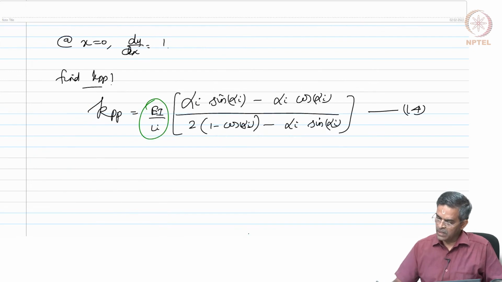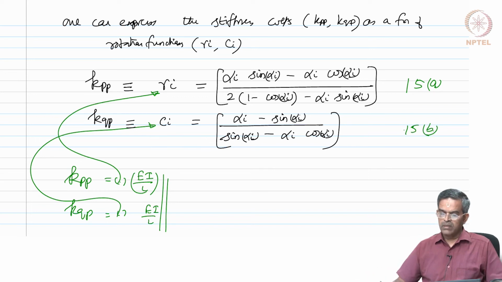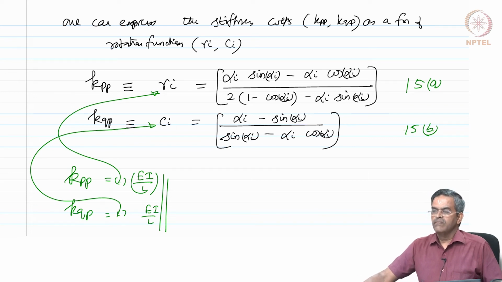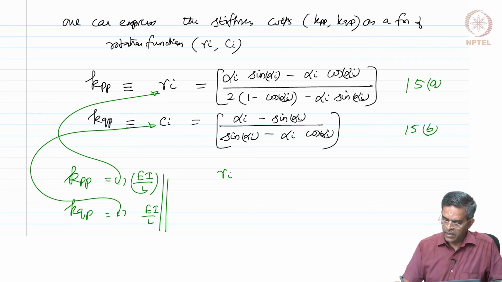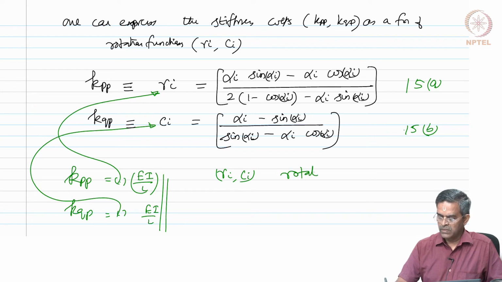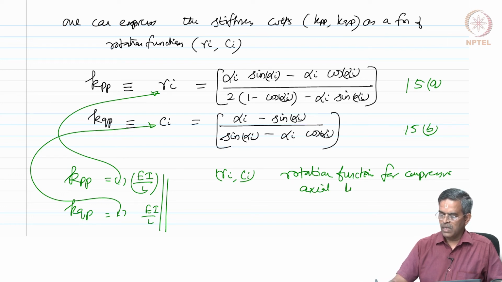We will call this equation as 15A and 15B. These are called stability functions, that is rotation functions for stability. Okay? Ri and Ci are called rotation functions for compressive axial load case.